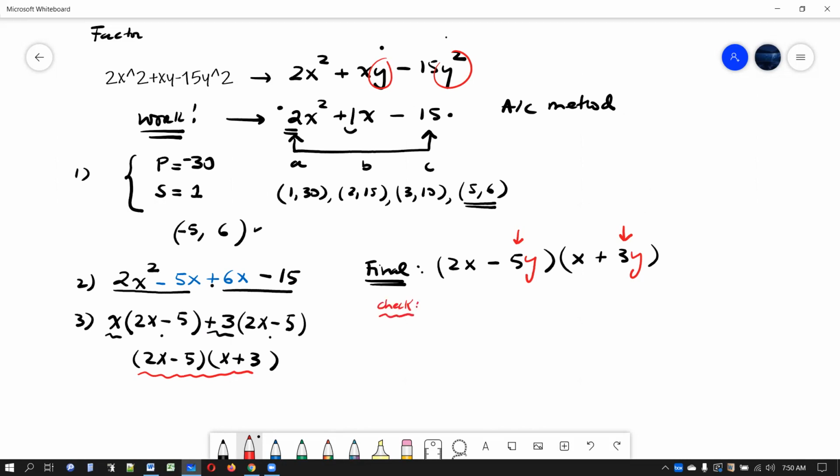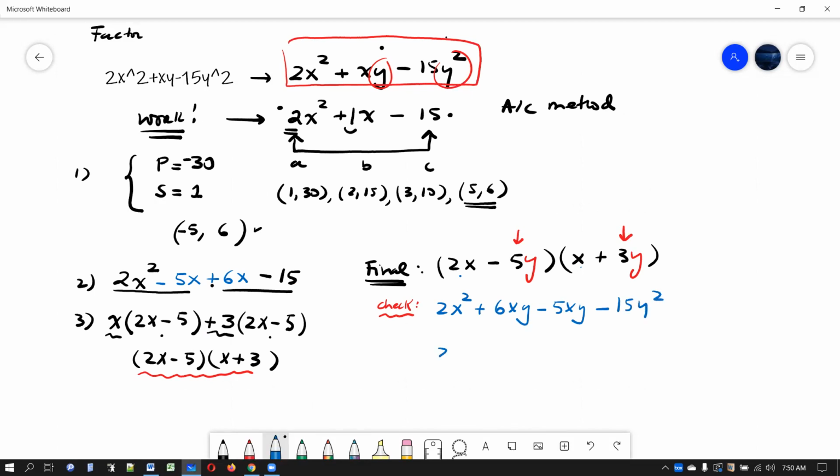I'm going to do the check here only once for you to see that this has to be exactly the original expression as we started. So how do we do that? Well, we're just going to FOIL. So 2x times x, 2x squared, 2x times positive 3y plus 6xy, negative 5y times x, negative 5xy, negative 5y times positive 3y, negative 15y squared.